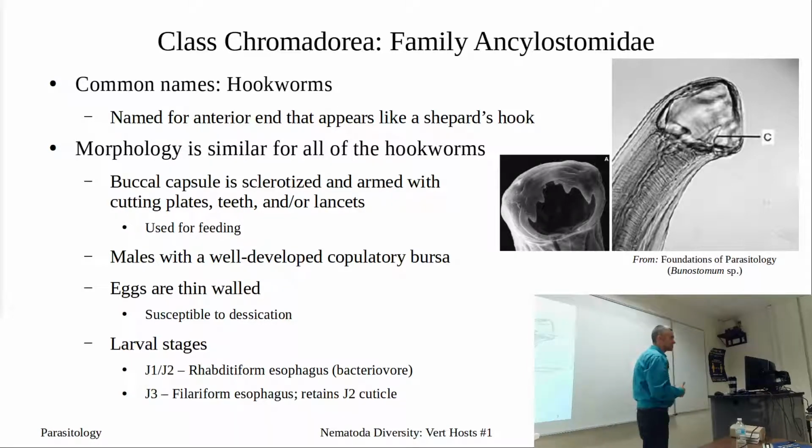That buccal capsule is going to be armed with either cutting plates or teeth or lancets, which would be kind of like just points, that they then use for feeding. They're going to use those, with slight attachment, to cut the host's epithelial tissue in the gut so that they can feed on the cells, the mucus, and the blood. All hookworms have this.